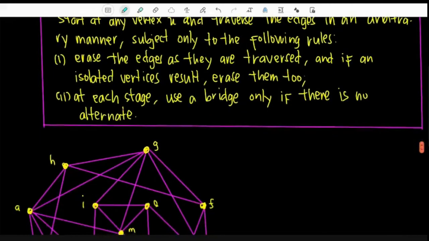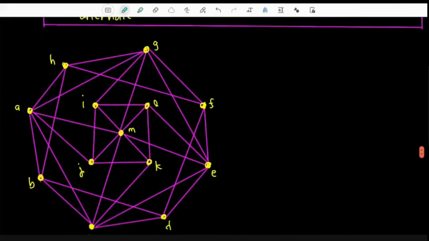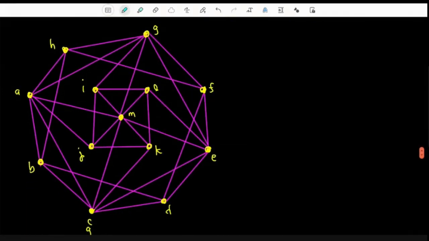Okay, let's have an example. So let's say we have this graph. To check that this is Eulerian, our theorem says all vertices must be of even degrees. So let's check. A has 1, 2, 3, 4, 5, 6.